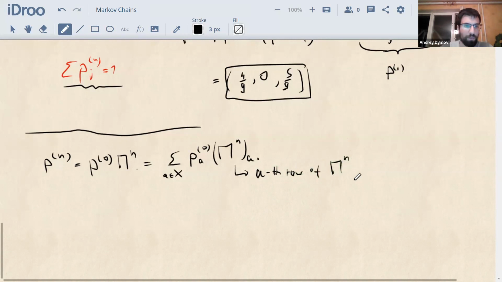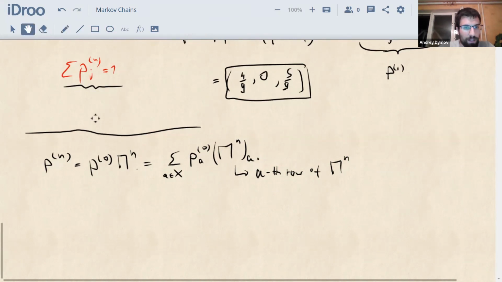Indeed, when you multiply the vector by the matrix from the right, you should sum the components of this vector multiplied by the rows of the matrix, right?